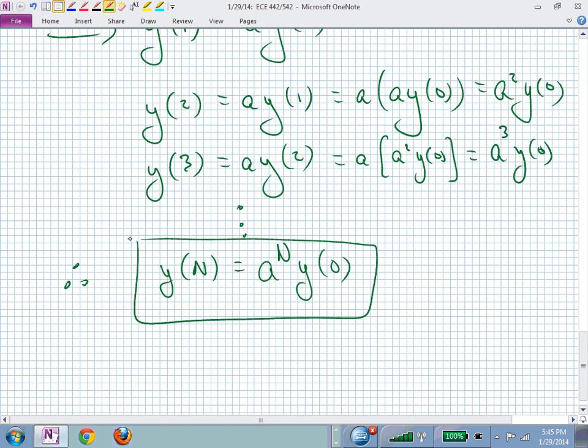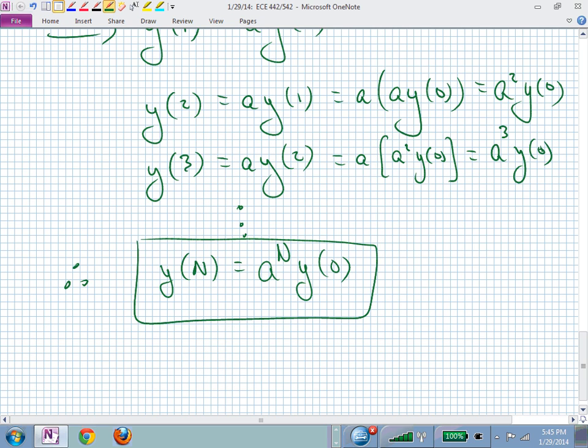And that's our general response in terms of the initial condition and some subsequent value of the output at a future time, capital N.